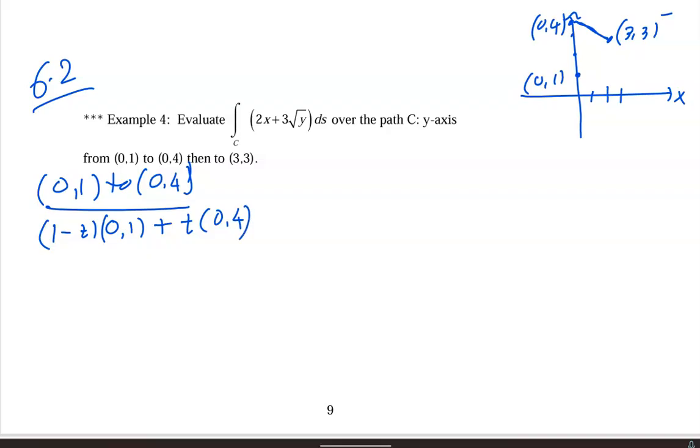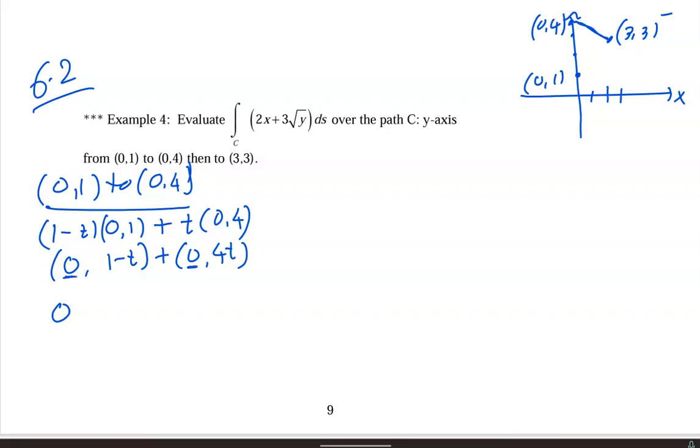If you multiply, the x part is going to be still 0. And the y part is going to be 1 minus t plus 4t.